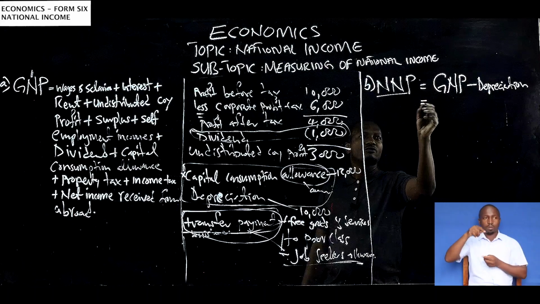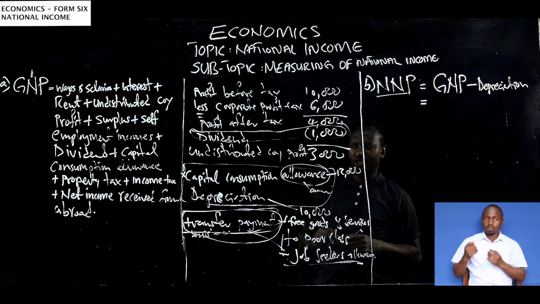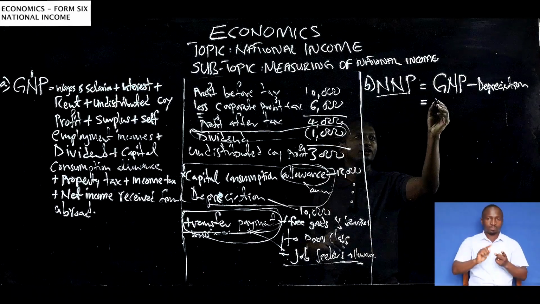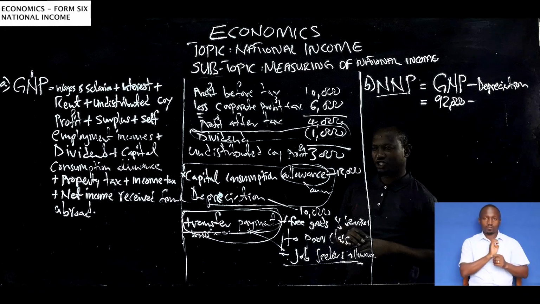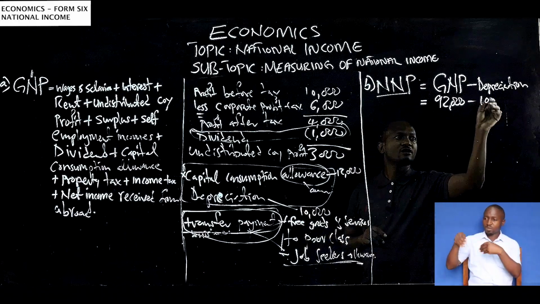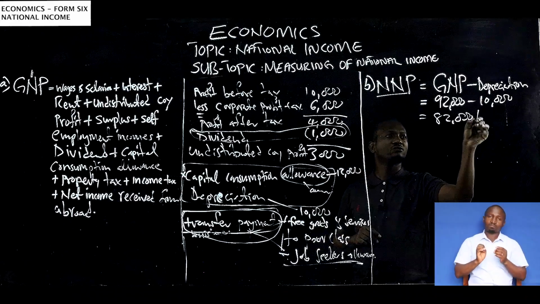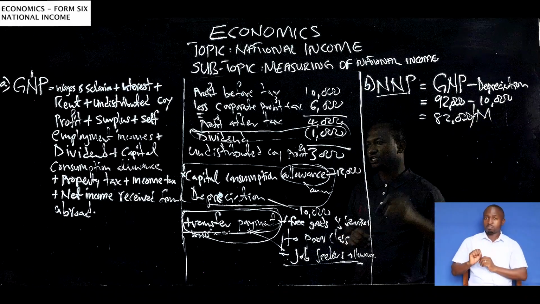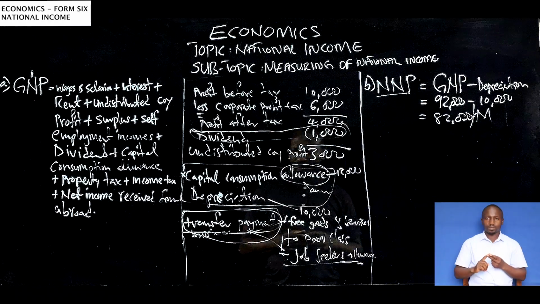So here we have GNP from part A, 92,000, minus depreciation. Depreciation we were given 10,000. So we get 82,000 millions Tanzania shillings. This is part B.